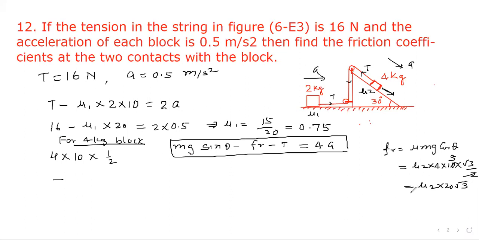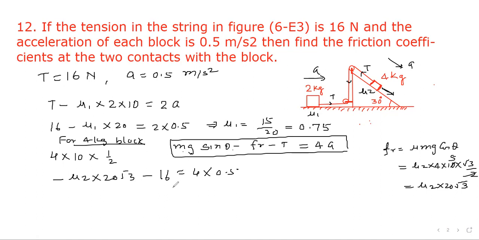So we have put the value of mg sine theta, minus friction mu2 into 20 root 3, minus tension. Tension is given as 16, equal to mass 4 into acceleration. Acceleration is given as 0.5.